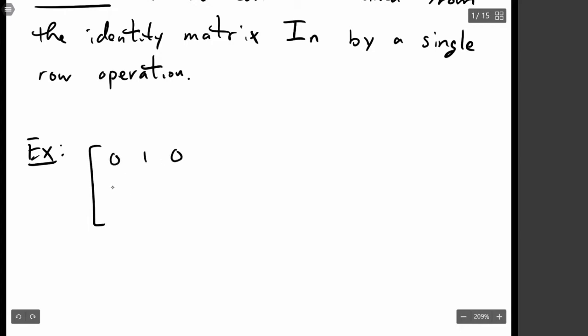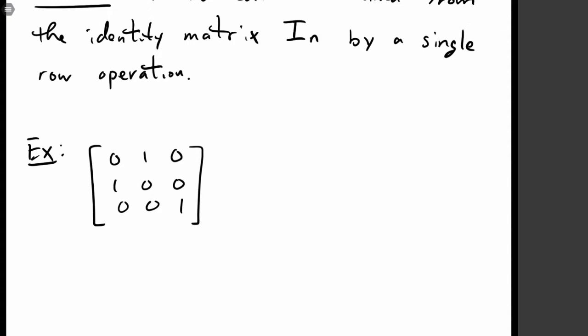This here would be an elementary matrix. Why? Well, we took the identity matrix and we swapped the first and second rows.